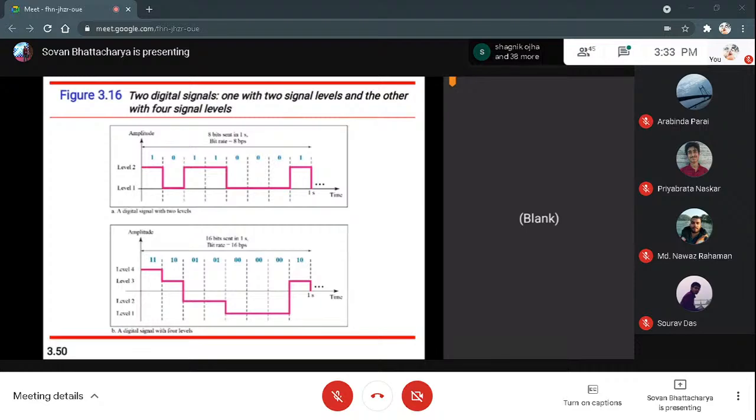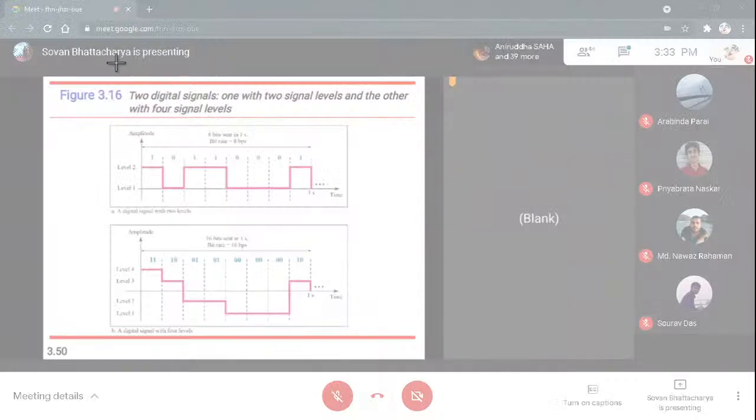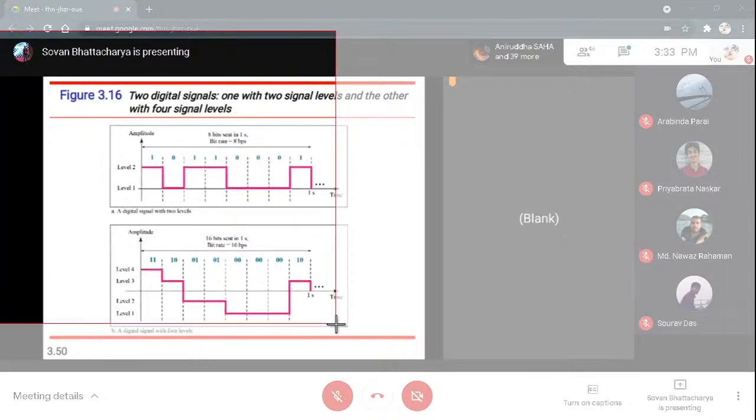So draw this picture in your copy, figure 3.16 A. You have to split it with dotted lines, that is, divide it time frame wise.